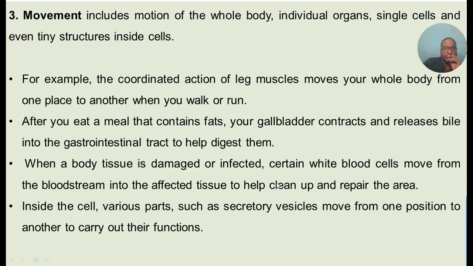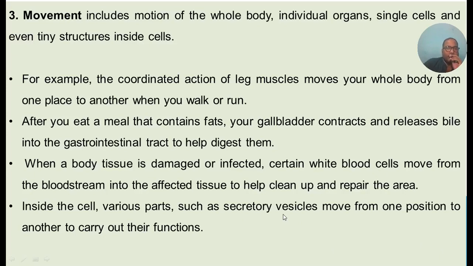The next example of movement is inside a cell. Various parts such as secretory vesicles move from one position to another to carry out their functions. So at the cellular level, inside the cell, there is movement. There are secretory vesicles like Golgi bodies, ribosomes, small micromolecules, organelles.